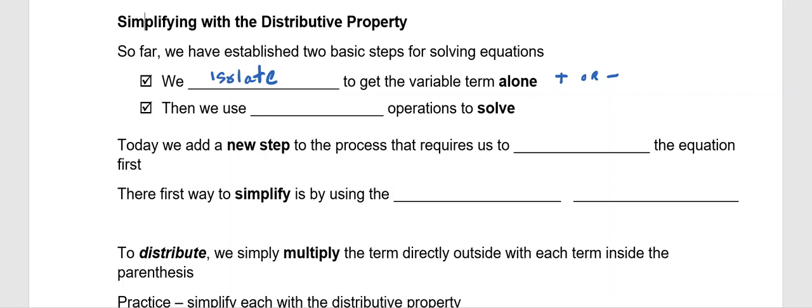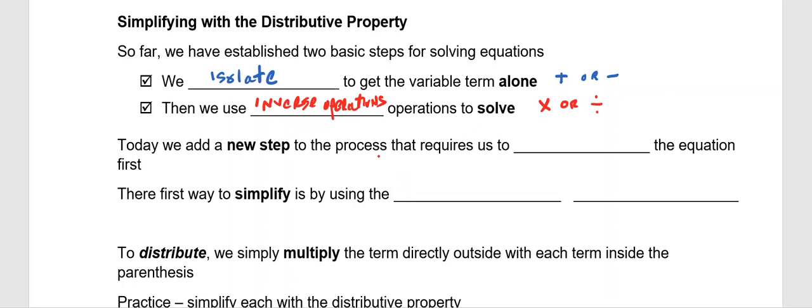Then, after that, we used inverse operations to solve. And in that case, we were typically using multiplying or dividing, okay? So those are the two steps that we've gotten very used to.